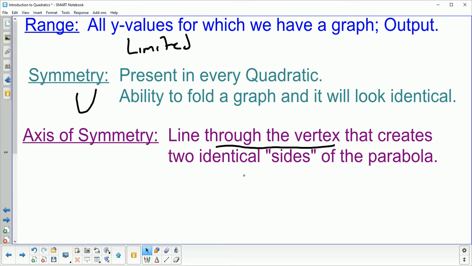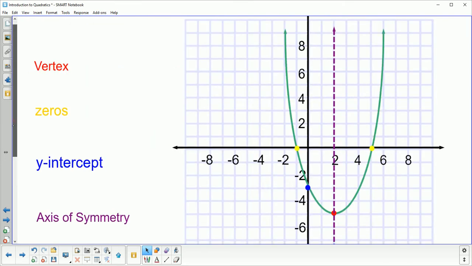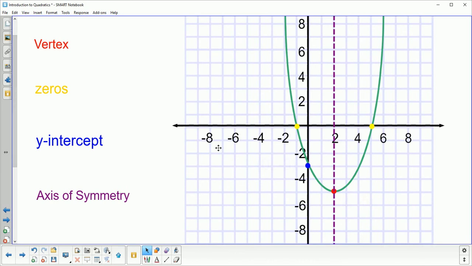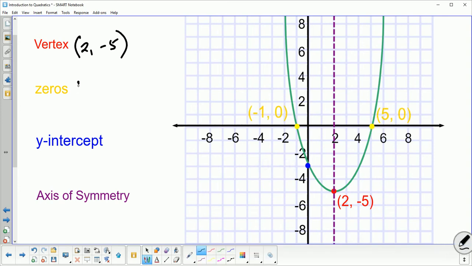Okay, some example of some of those terms we've talked about, then. You'll see your vertex is the min in this case, and that's going to be at point (2, -5). And our zeros are our x-intercepts. So you see we have two there. One here at (-1, 0), and one at (5, 0). So in this case we had 2.